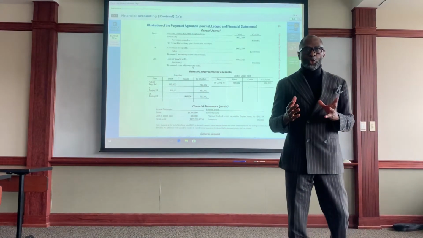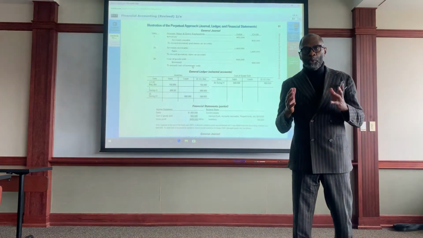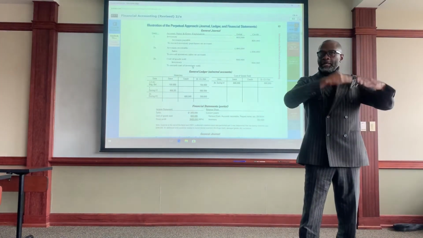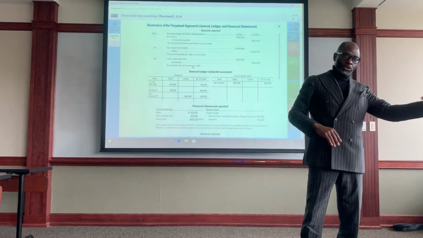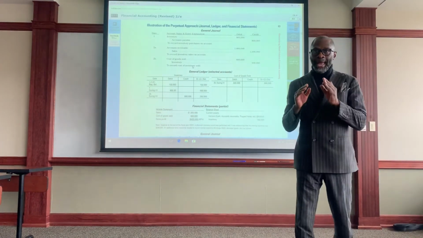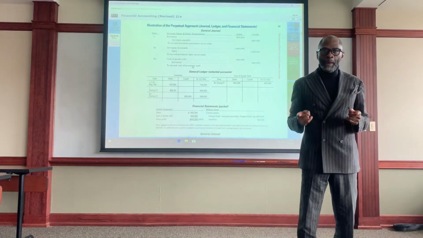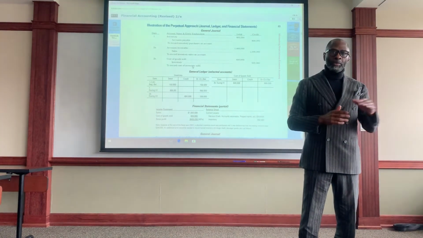Most companies that use the perpetual method have what they call a point of sale system. That point of sale system does this automatically. It records the sale and it records the decline in inventory. So at any point in time, because it's automatically updated, you can say, what's my balance in ending inventory? Boom, you have it.